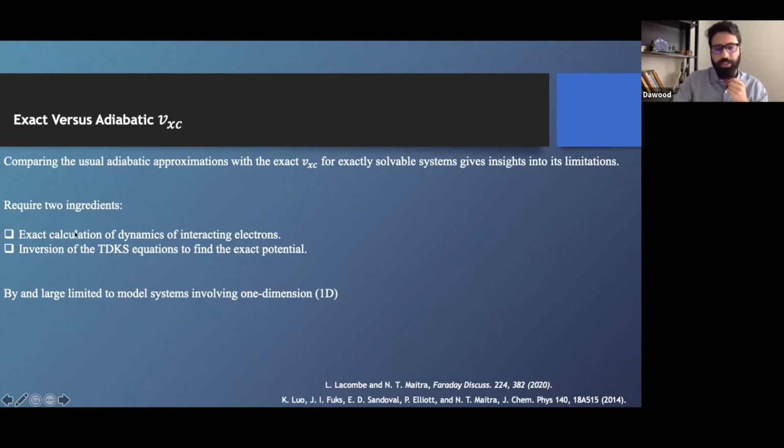First, you need to solve the interacting system exactly. Then, once you have the density, you can invert the time-dependent Kohn-Sham equation to find the exact potential. But these calculations are usually quite difficult to do for real interacting systems, so by and large, these studies are limited to model systems in one dimension.